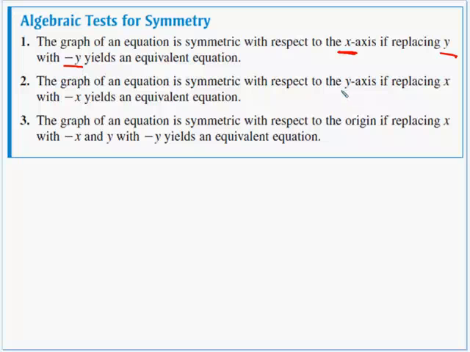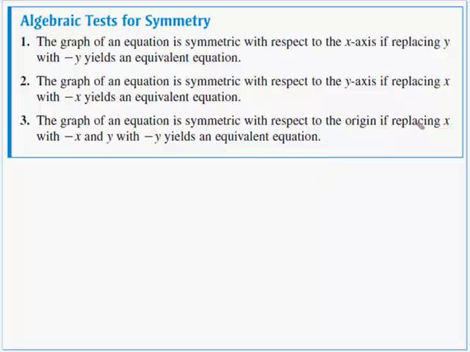In number 2, we're checking y-axis symmetry, so that means we're going to mess with the x variable and replace x with negative x. And of course, for origin symmetry, we replace both. The graph of an equation is symmetric with respect to the origin if replacing x with negative x and replacing y with negative y yields an equivalent equation.